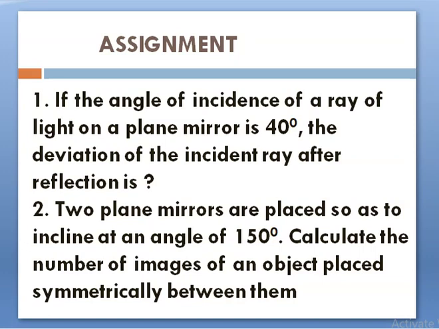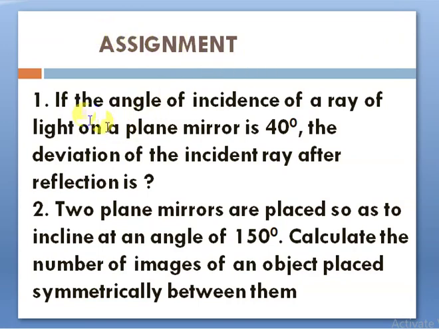Remember, n is the number of images, while theta is the angle of inclination of the plane mirrors, whether they are inclined at 30 or at 60 or at 90 or at 180. You will use the formula to see the number of images that will be formed.